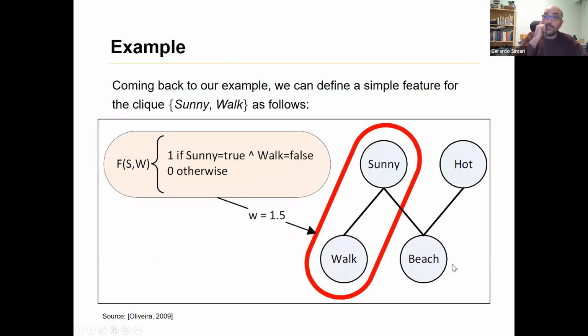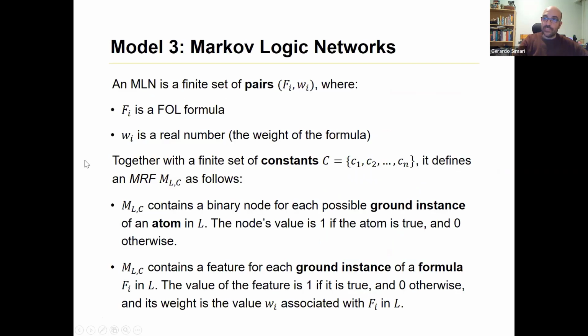So, for example, if we just wanted to say that if sunny is true and walk is false, I get a 1, the feature is on or it's off. Then that's one way of summarizing 4 different values. And then we would have to also assign a weight to this.